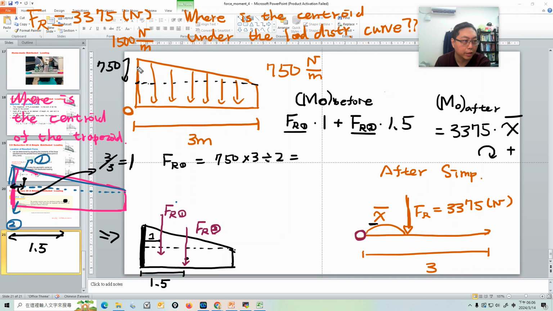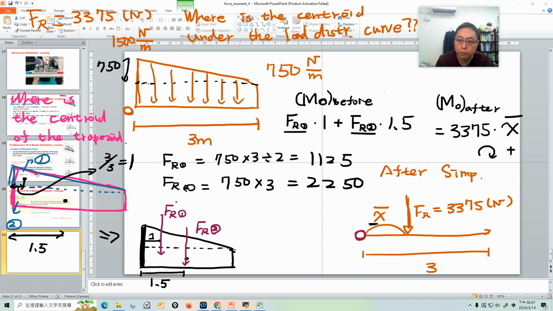Don't forget this is the area of a right triangle. And the resultant force for area 2 is a rectangle, very simple: 750 times 3. So resultant force R1 is 1125, and this times 2 is 2250.